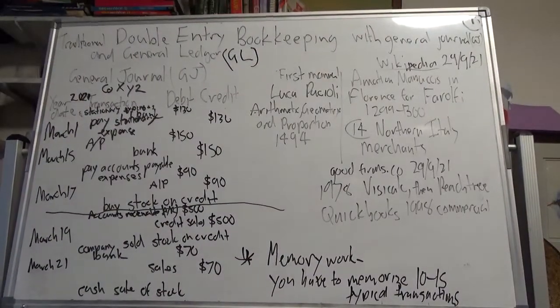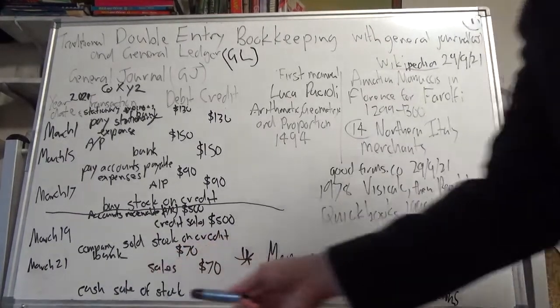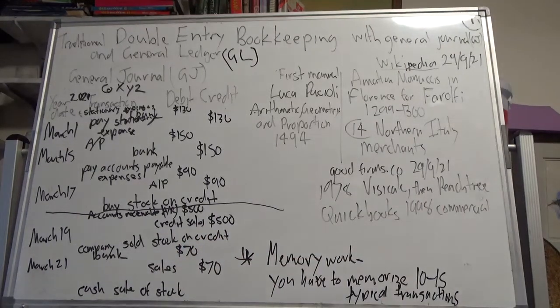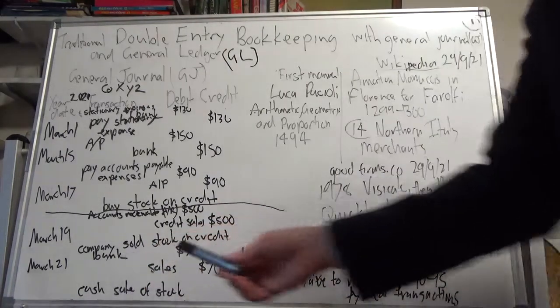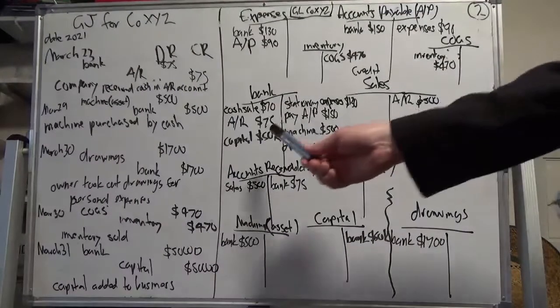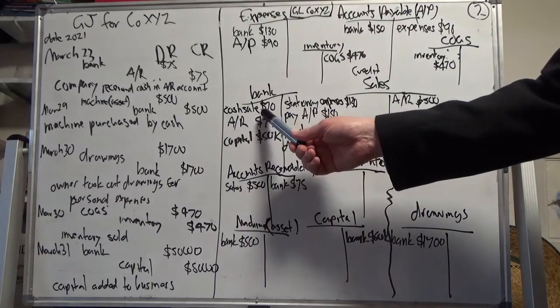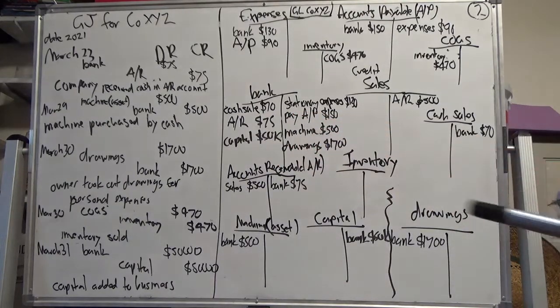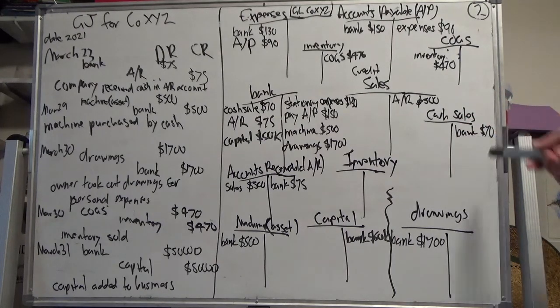And the final transaction on this whiteboard, a cash sale of stock. Money going into us. So we increased bank, $70. There's the cash sale, $70, label it the opposite thing. And with cash sales, just here, it's bank, $70, okay, label it the opposite thing.